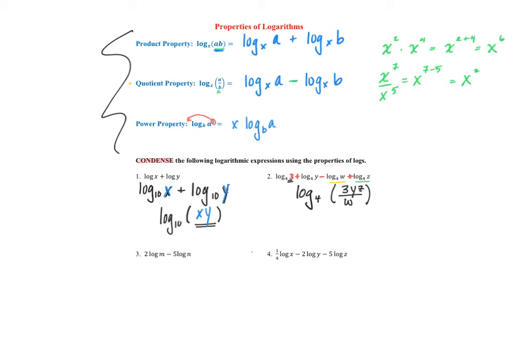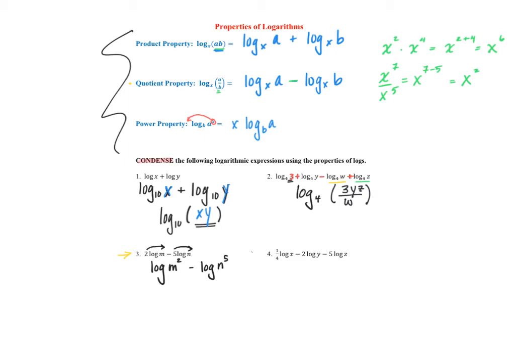All right, problem number 3. This focuses, first of all, on using the power property. Before I start writing this difference as a single log, I need to make sure that each coefficient is 1. So I'm going to take this 2 and bring it up as an exponent, and the 5 and bring it up as an exponent. So I'm going to write this as log of m to the second minus log of n to the fifth.